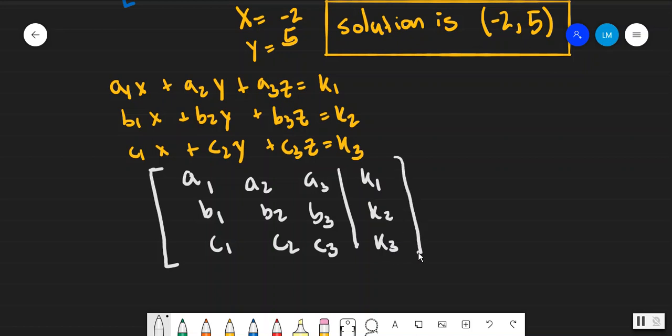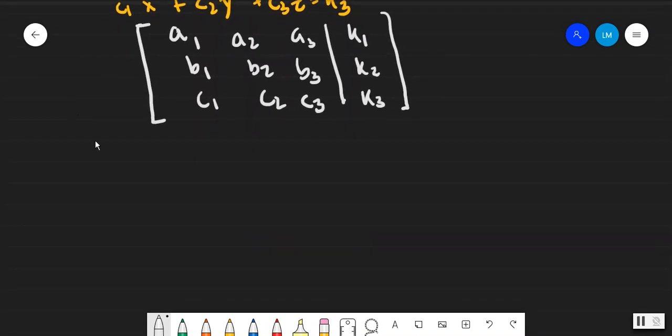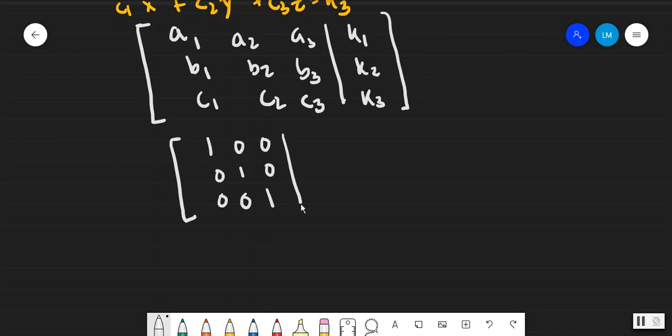Now, of course, if I augment and then use my row operations, basically this is going to give me 1 0 0, 0 1 0, and 0 0 1, followed by the set of solutions m, n, and then p.